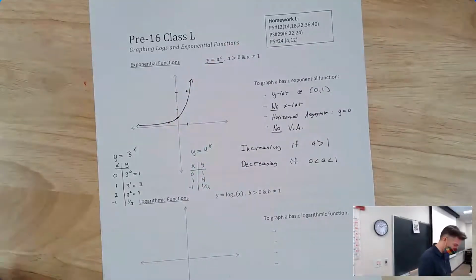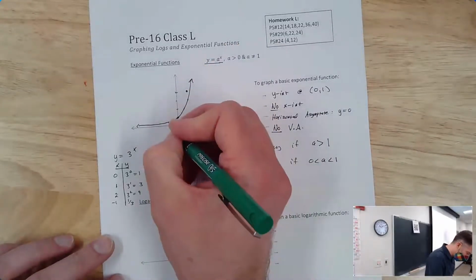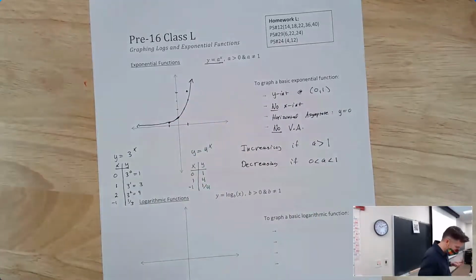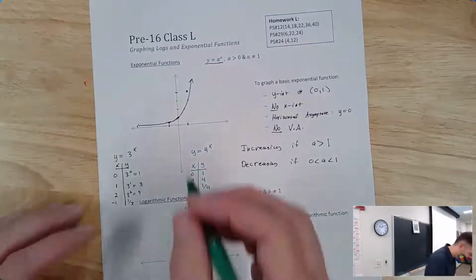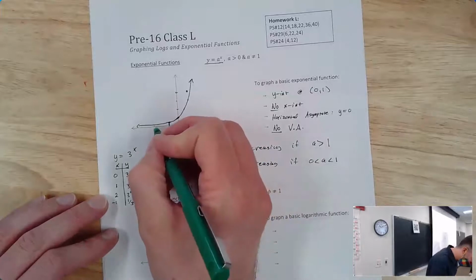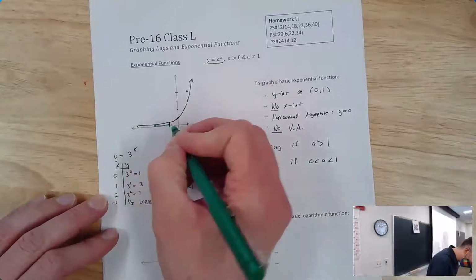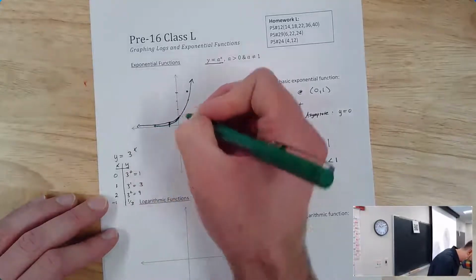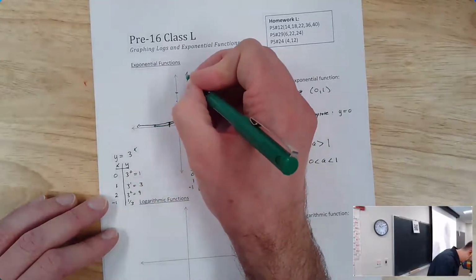And instead of getting the point -1, 1/3, I get, and this is where the graphing gets dicey because things are going to be very small, a point that's slightly smaller because 1/4 is a little bit smaller than 1/3. So this other graph is below 3 to the x over here, and then they cross at the y-intercept, and it's bigger over here.